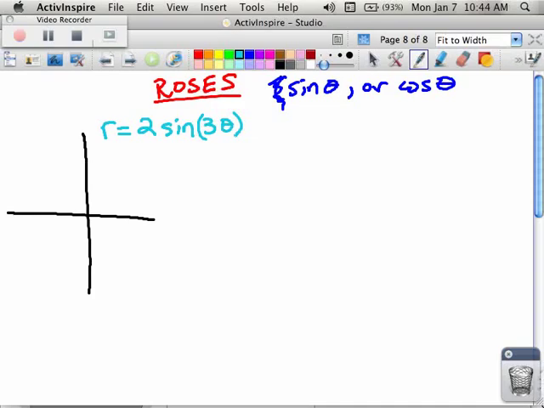And when I draw it, it looks like the following. I want you to just watch for a second. Don't worry about drawing. I'll give you time. The second one that I'm going to draw looks like this.